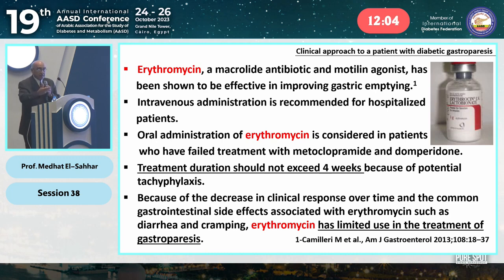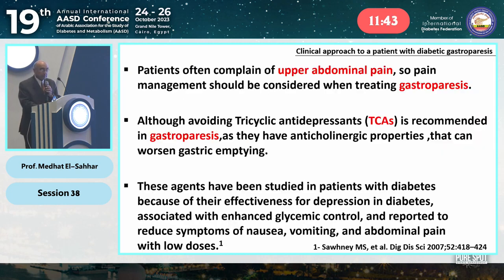It can improve the motility in gastroparesis. Now, if the patient is hospitalized, I can give him injections, about 50 milligrams, 2 or 3 times per day. However, it is tolerated but does not work well, it has many side effects, so it is not recommended, and it has a limited use in the treatment of gastroparesis.